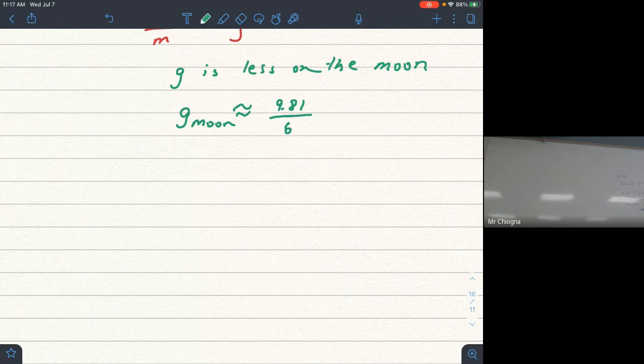Show the calculation, how you did it. Write the formulas at the beginning of each, and then show the substitution.